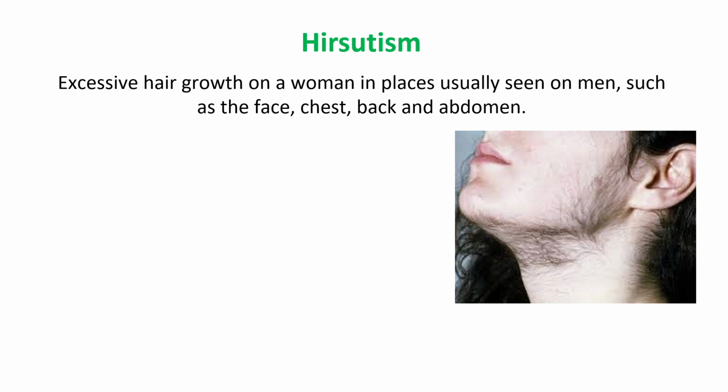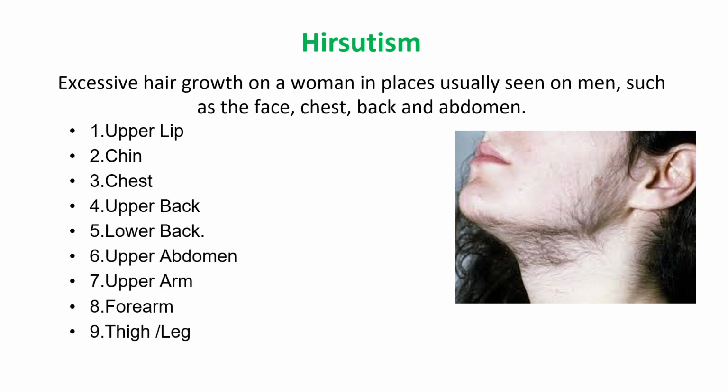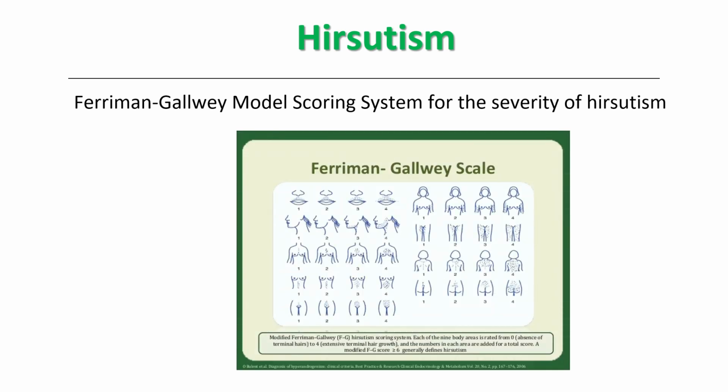The areas which we generally examine are upper lip, chin, chest, upper back, lower back, upper abdomen, upper arm, forearm, thigh, and legs. There is a Ferriman-Gallwey scoring system for the severity of hirsutism. Generally, a modified FG score of more than or equal to 6 is defined as hirsutism.